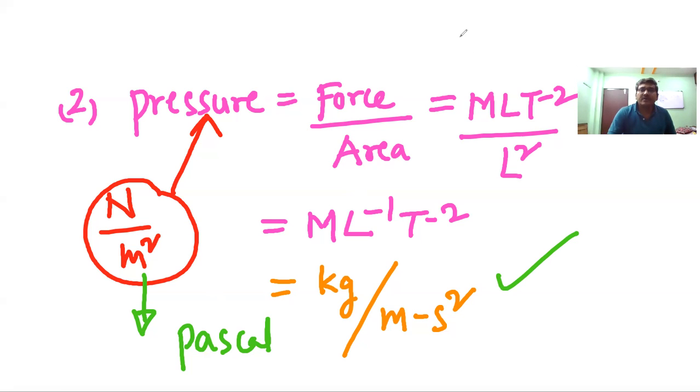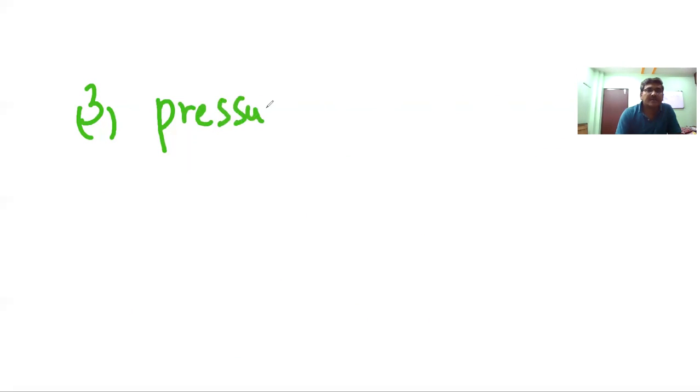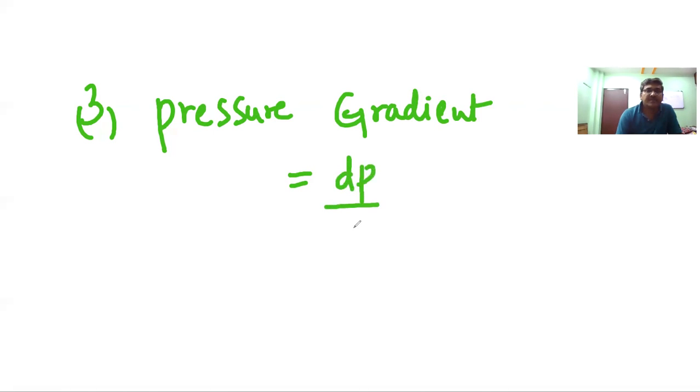Let us look at the third exercise I have given previously. Pressure gradient. Pressure gradient I define as the change in the pressure within a certain distance, dP by dx. Just now we have seen the pressure.